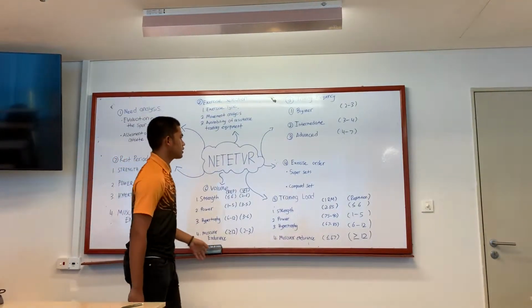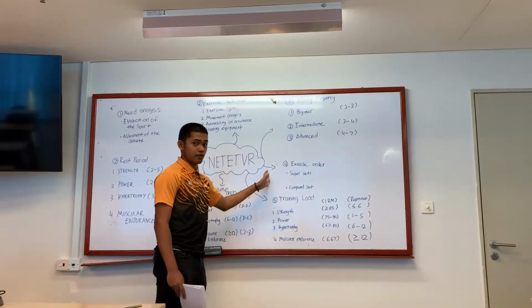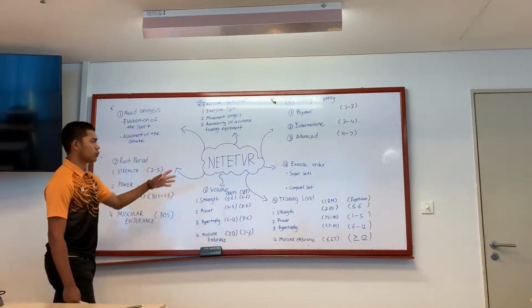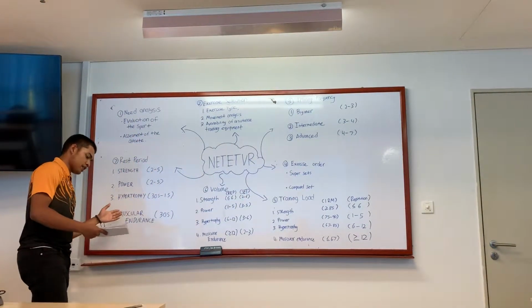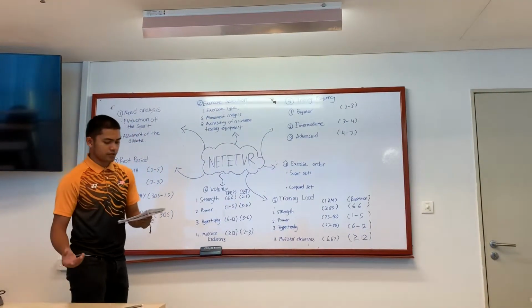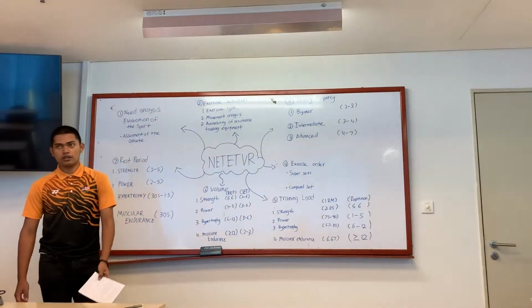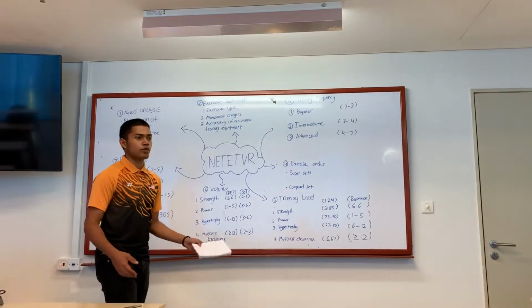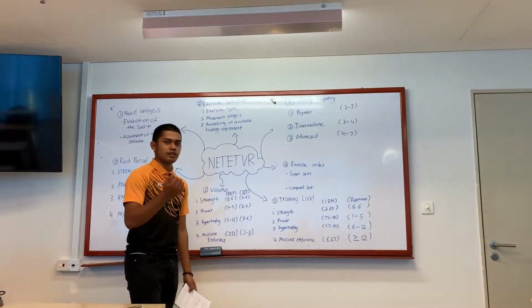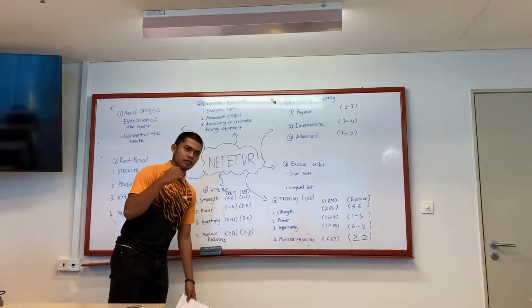Okay, next I'll proceed to exercise order. First, superset. Superset is doing 2 exercises that stress 2 opposite muscles. To make it clearer, we do exercises that involve agonist and antagonist.